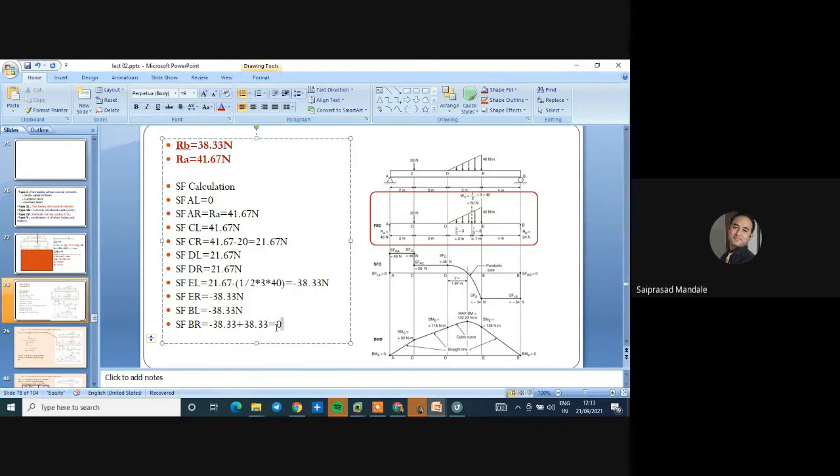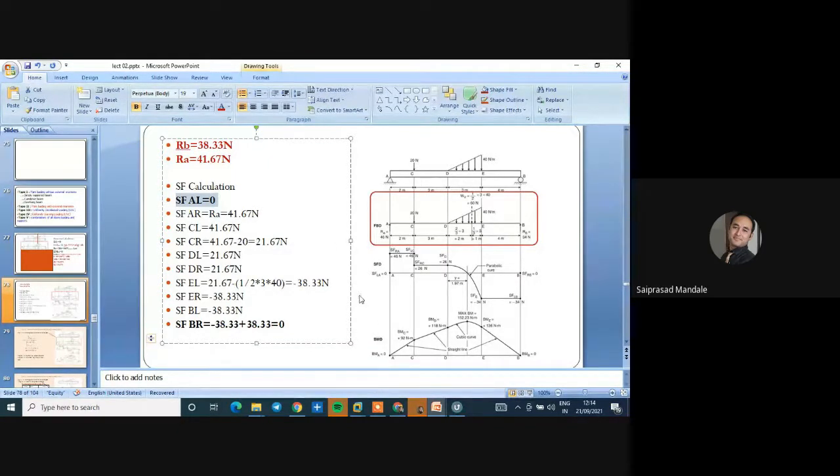As the left-hand side and right-hand side of shear force at A and B are 0, whatever calculations we have done are perfectly right.